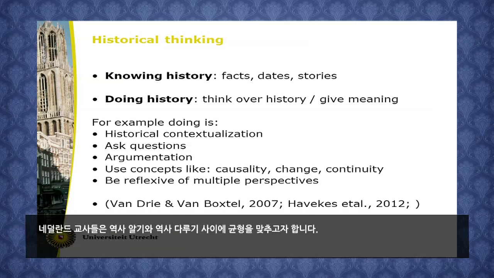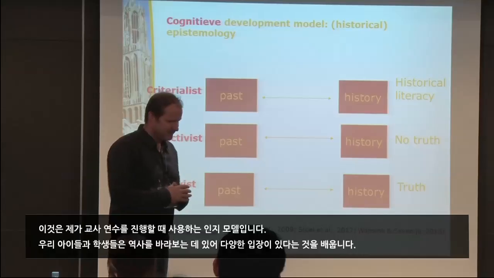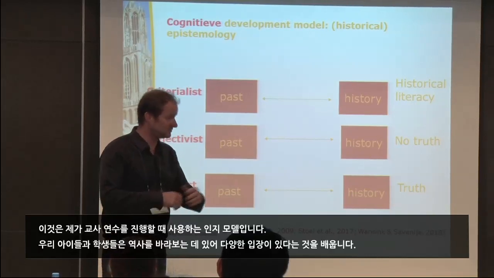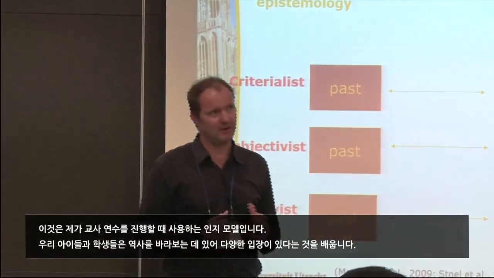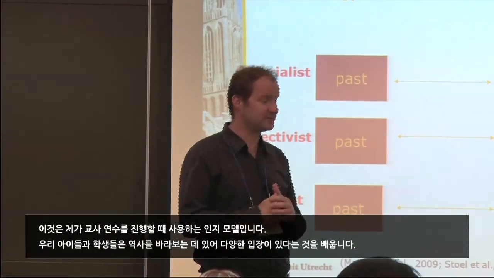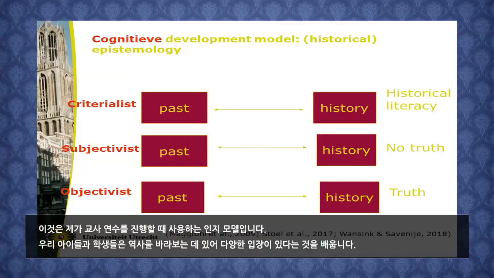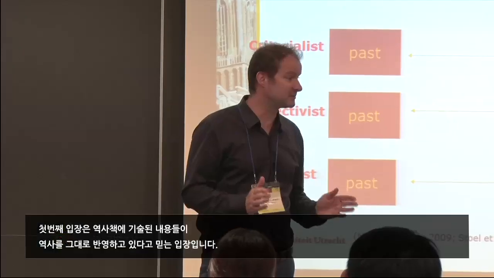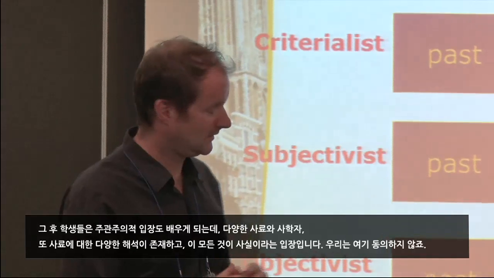In the Netherlands, teachers really balance between knowing history and doing history. This is a model which I use in my teaching to teachers. We teach our children and our students in the Netherlands that there are different positions to look at the past. The first position might be that what students read in their history books exactly reflects the past.